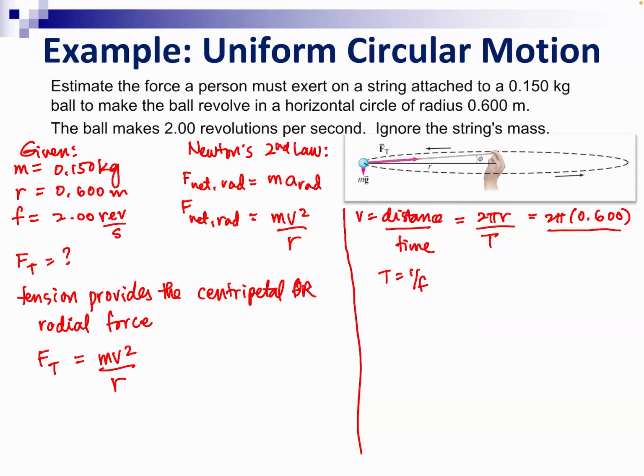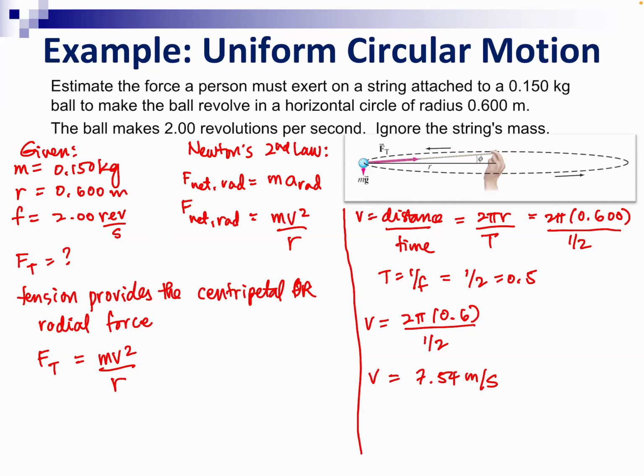The frequency is 2 revolutions per second, so the period will be 1/2, or 0.5. So your linear or tangential speed will be 2 pi r over 0.5, which is 7.54 meters per second. Does that make sense?